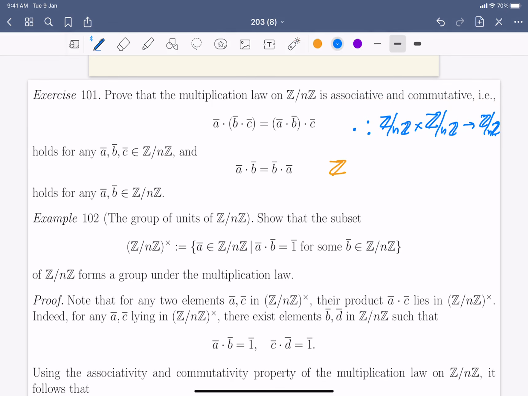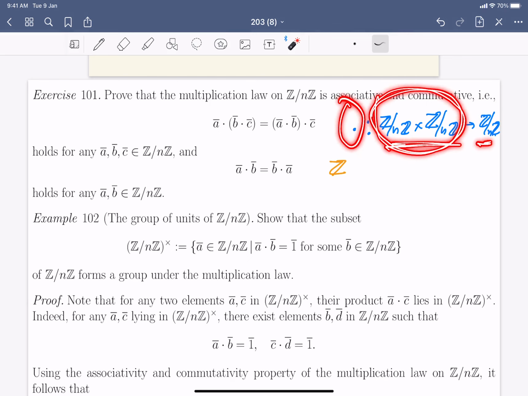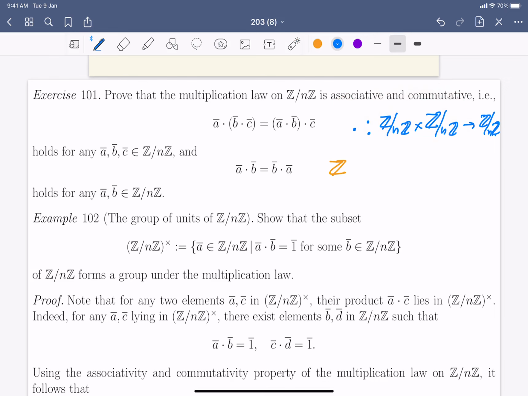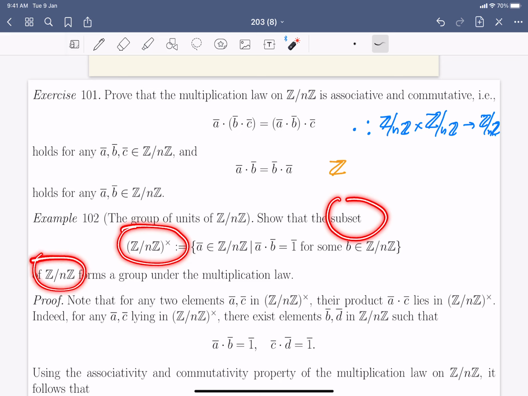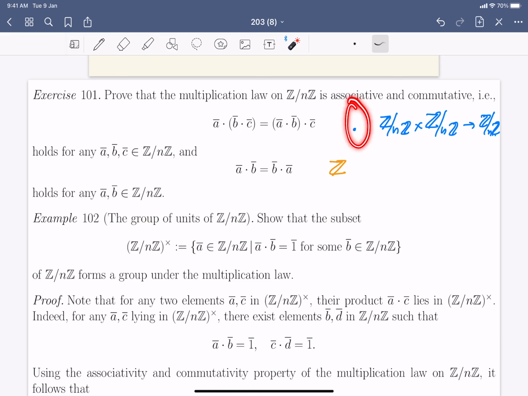If you have a function from a set X to Y, then certainly that function can be restricted to a proper subset of the domain, right? As we have just mentioned, this is a subset of Z mod nZ, so one can definitely restrict this composition law to this subset.